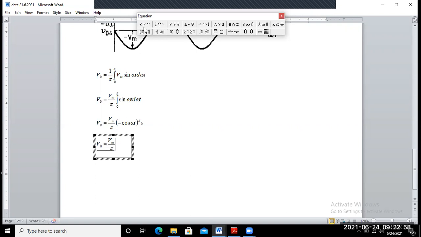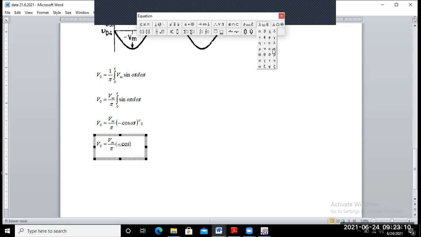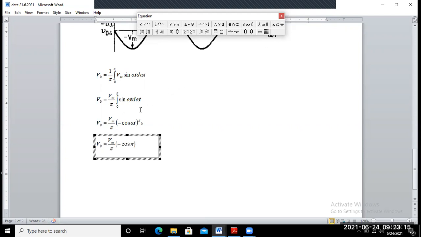The first one becomes minus cos pi. And again, minus of minus cos 0, so minus minus plus cos 0. The value of cos pi is minus 1, so minus into minus 1 is plus 1. And again cos 0 is 1.